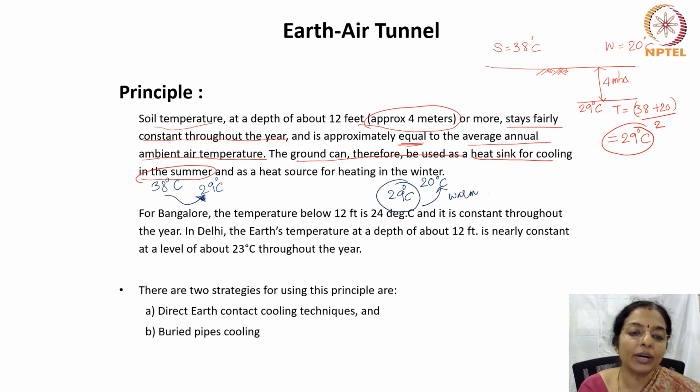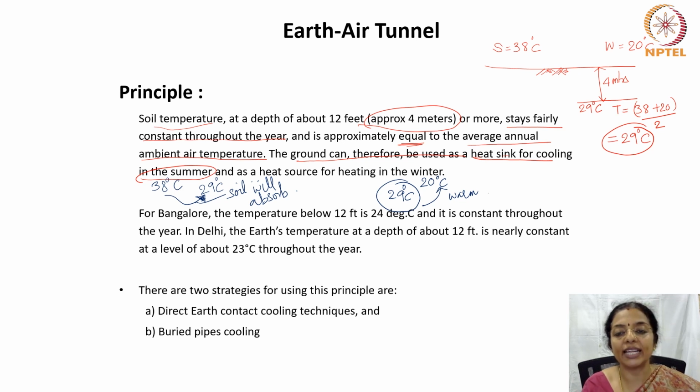Whereas in summer, we will throw the heat into the soil. So the soil will absorb this heat, and the air will become 29 degrees centigrade. So this is the principle of earth-air tunnel.